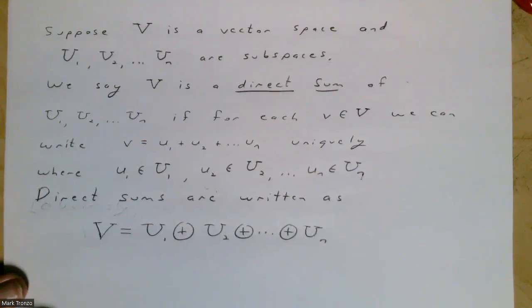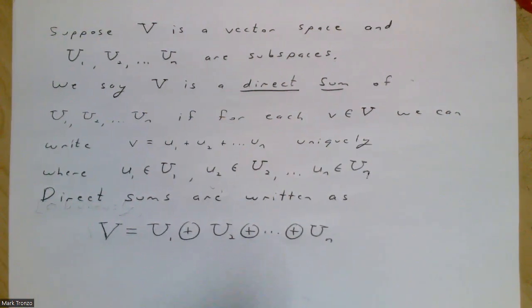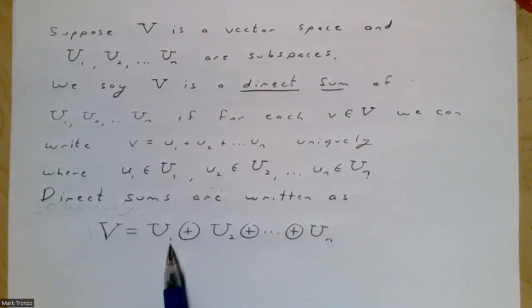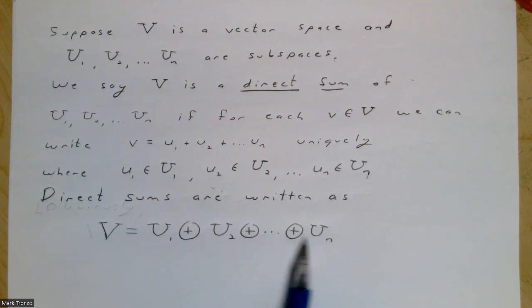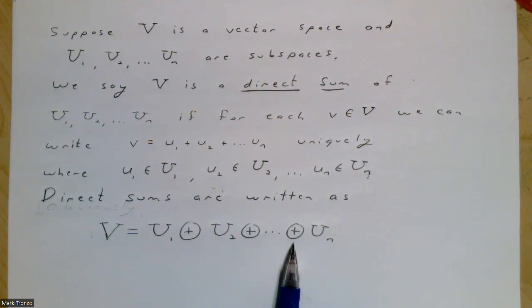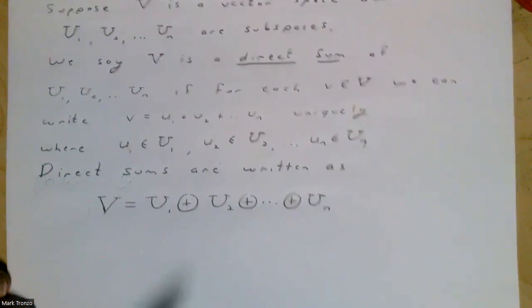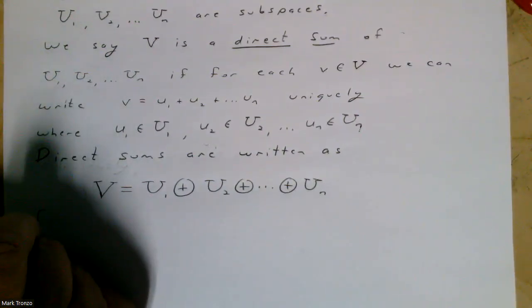So again, if every vector in V can be represented uniquely as a sum of vectors from these subspaces, then this is called a direct sum. It's written this way, where you have a plus with a circle around it.